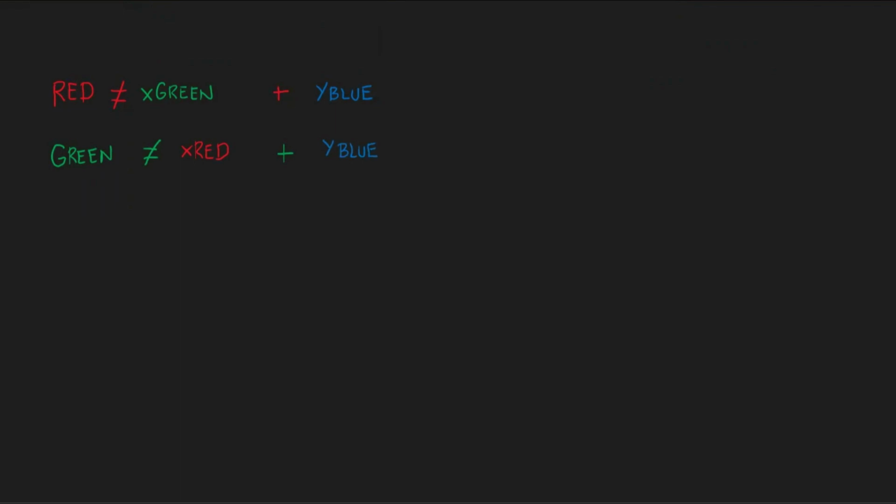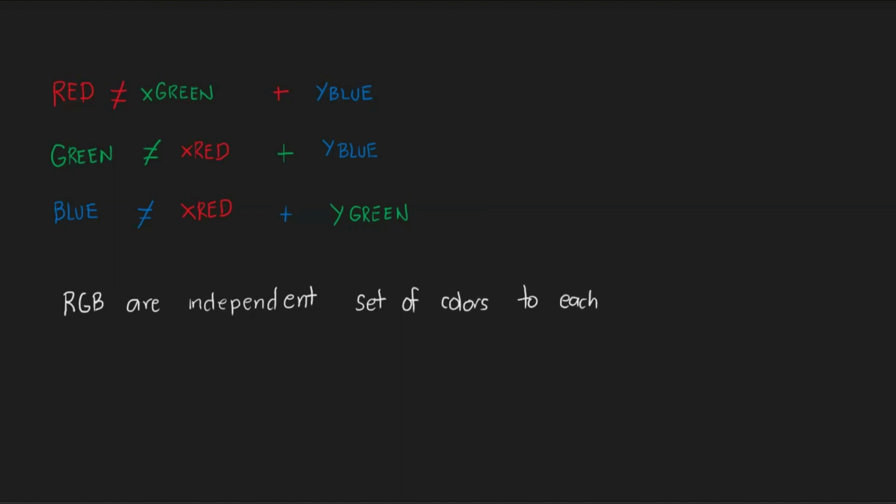We also cannot represent blue by a combination of some red and some green. We can say that RGB are independent of each other. They are called the basis colors.